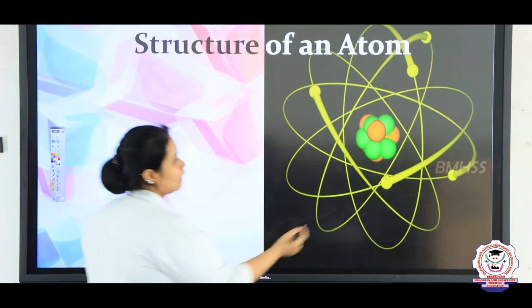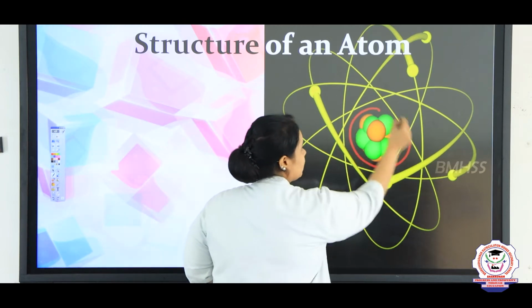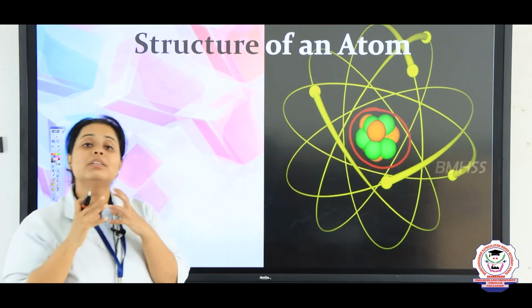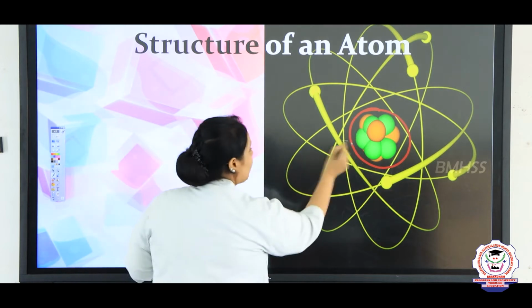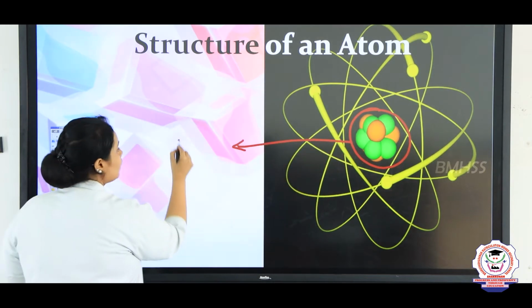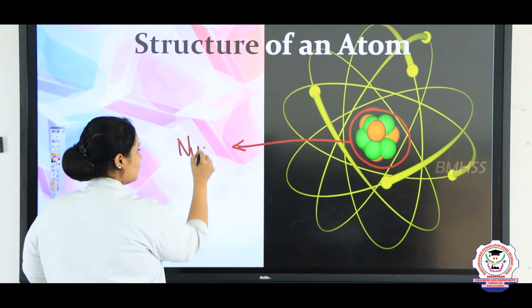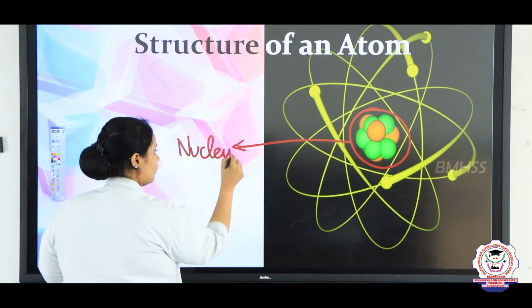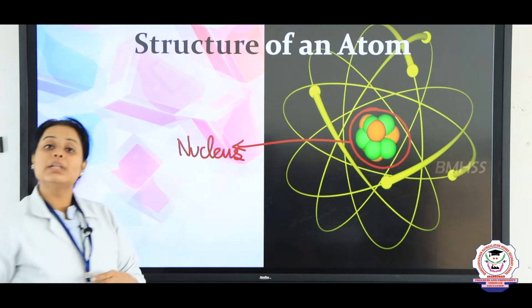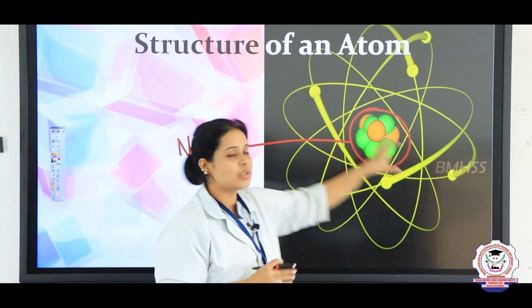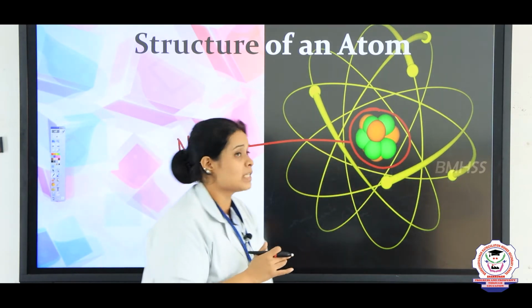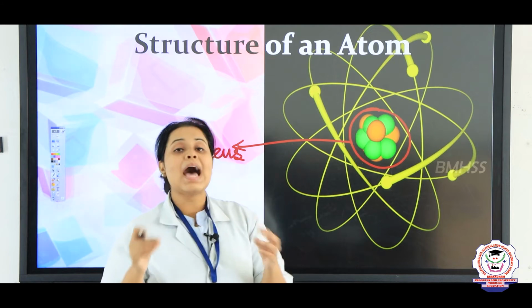So students, the internal part where the two colors of balls are there is known as the nucleus. The nucleus consists of two different types of substance, proton and neutron.